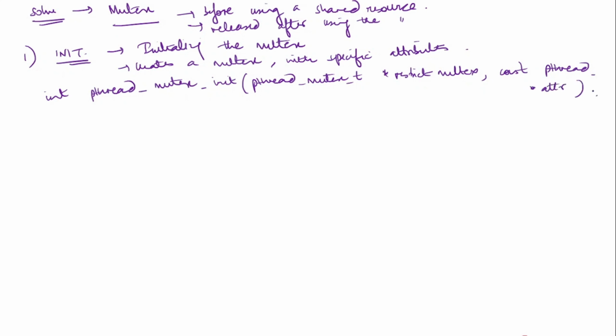So these are the attributes, two attributes. If successful, this function returns 0, and if unsuccessful, this function returns -1.